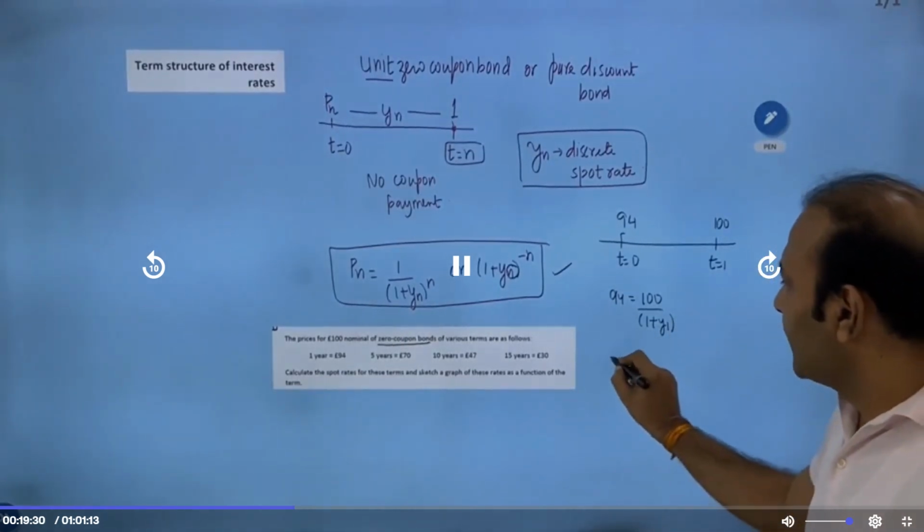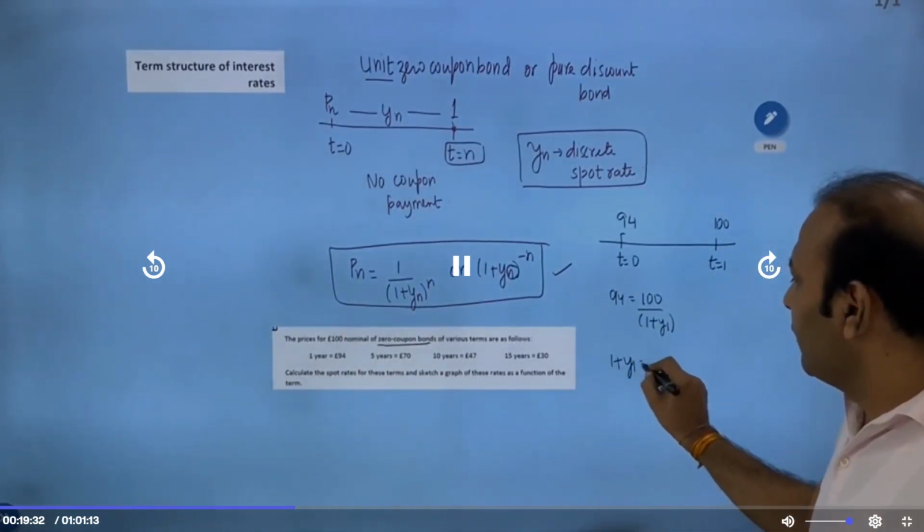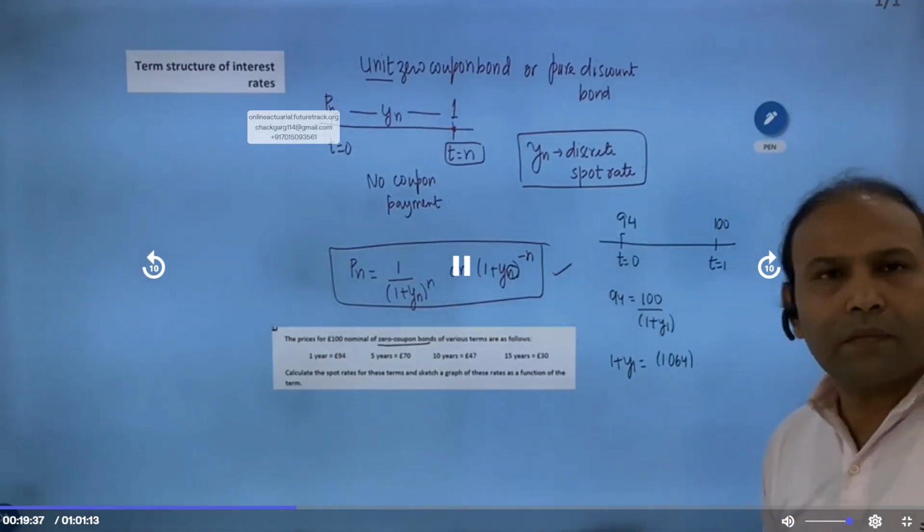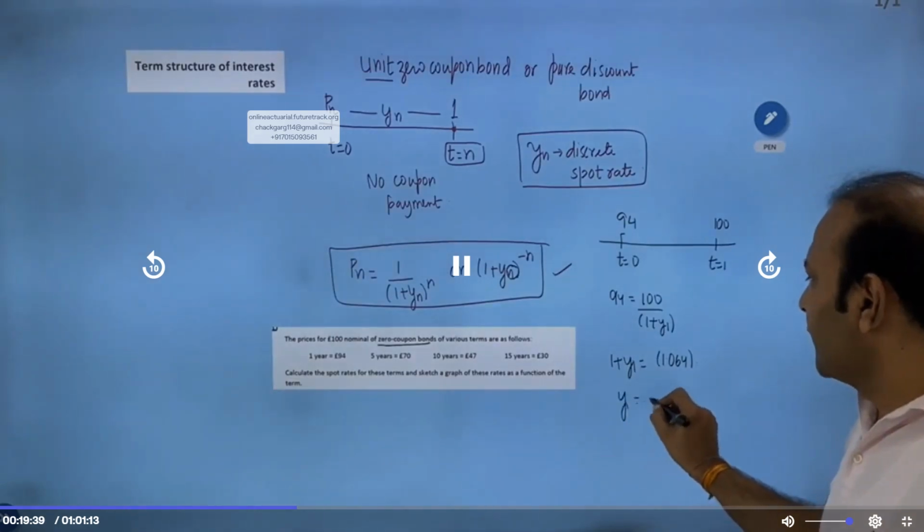So y1, so class, when you solve for 1 plus y1, it is 1.064. So y1 is 6.4%.